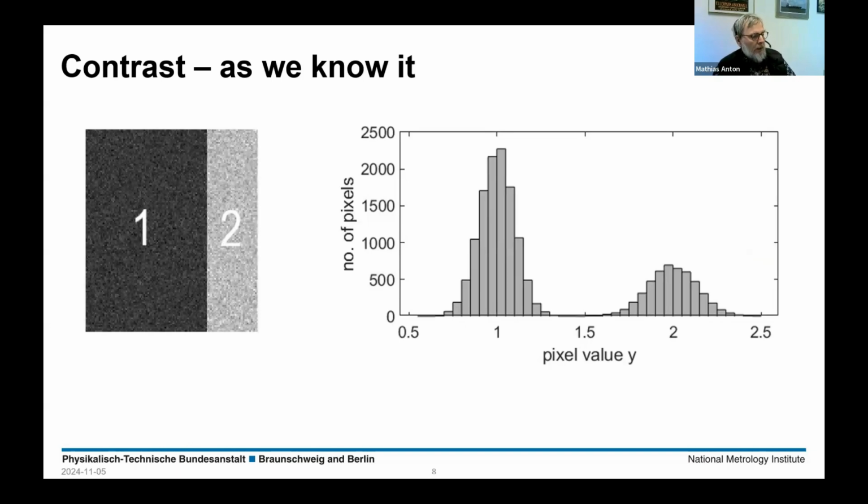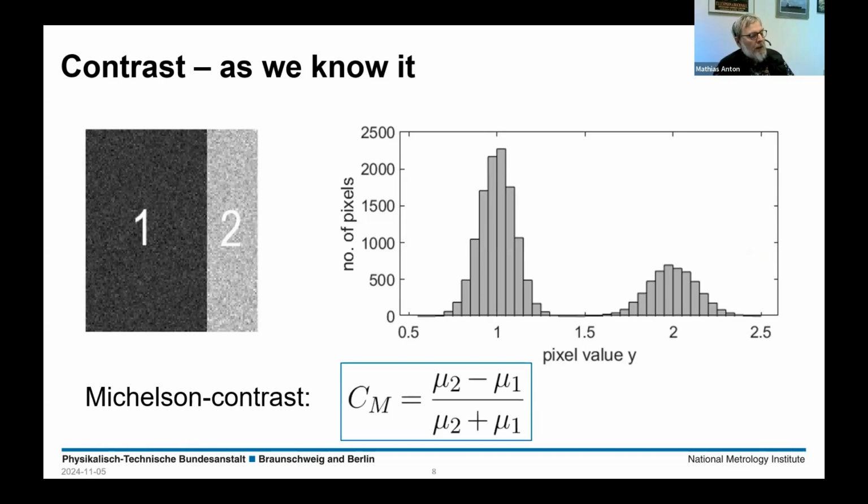And you can define a mean value and a standard deviation in both regions. If you calculate the difference between the means and divide it by the sum, then you get the Michelson contrast, which can vary between 0 and 1. That's what we all know since university times.